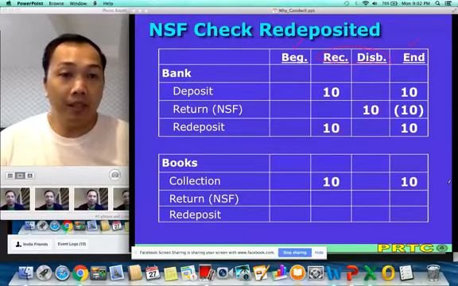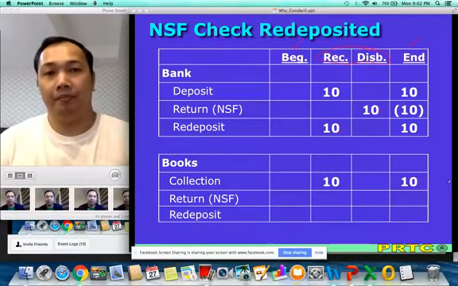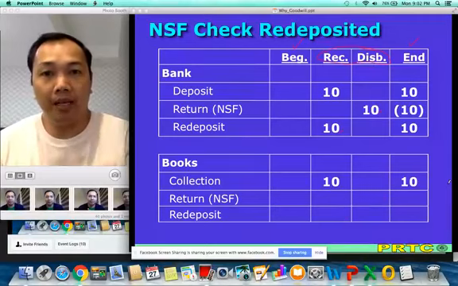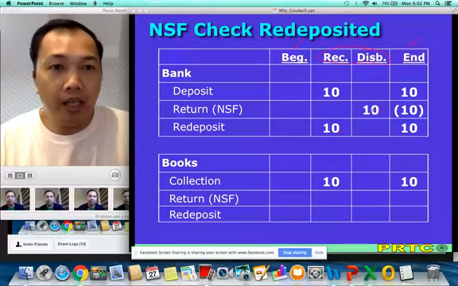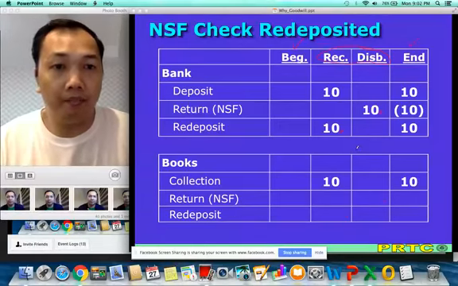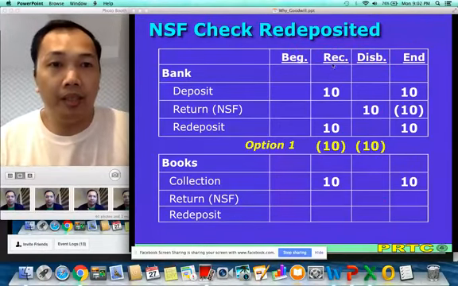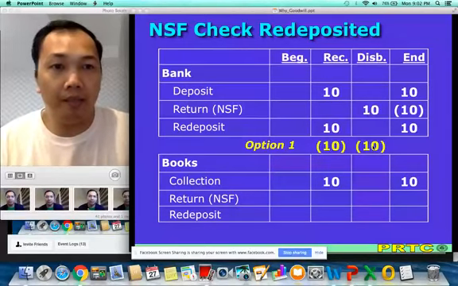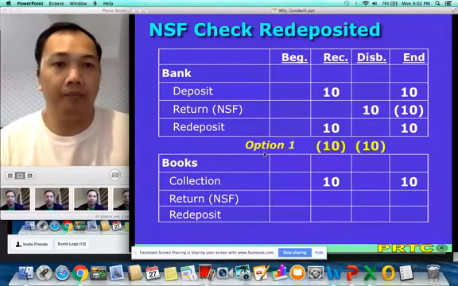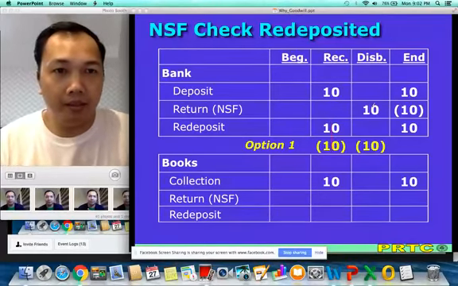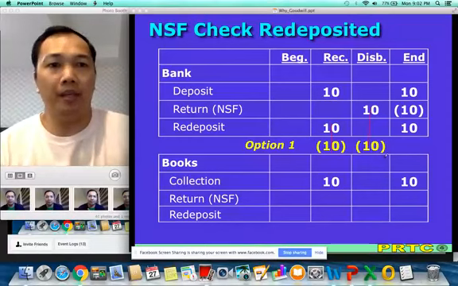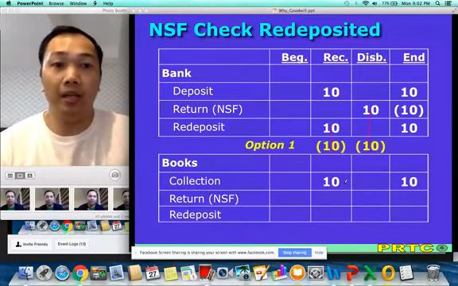Actually, you have two options, either sa bank or books. Option 1: included in bank as disbursement and receipt, not included in books. So deduct from receipts, deduct from disbursements, bank. Using this option, offset, what will remain? The original deposit. So equal na yan.